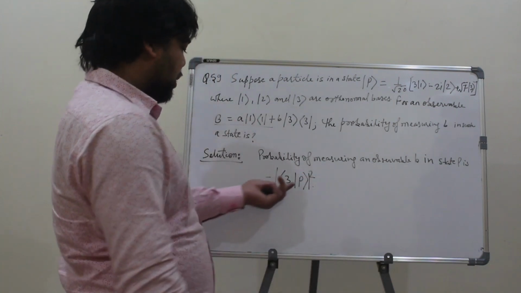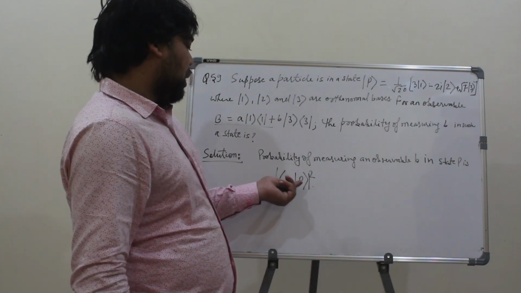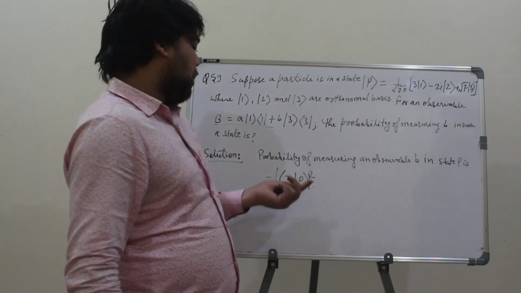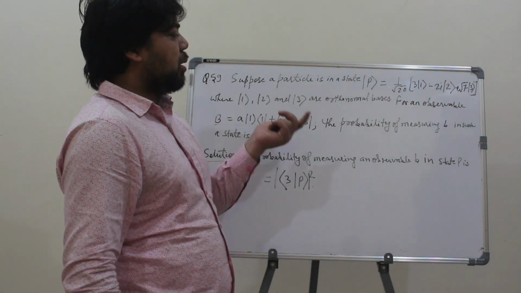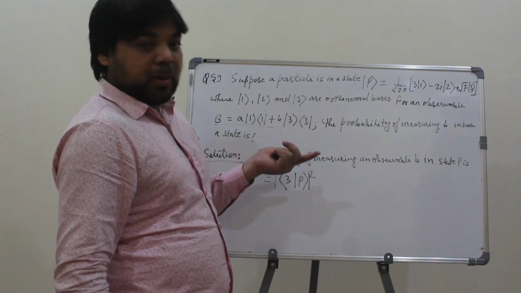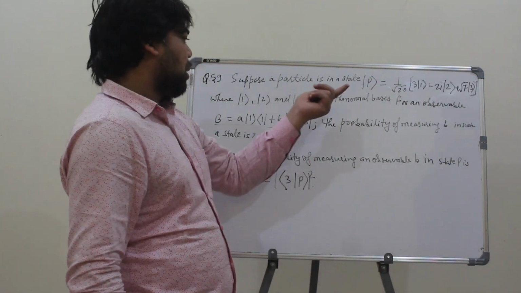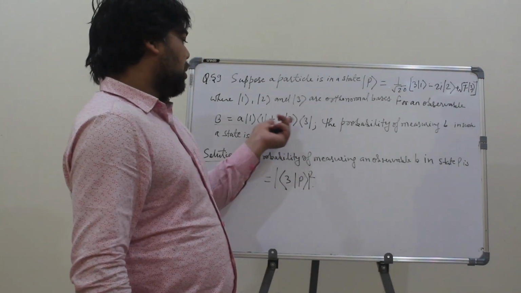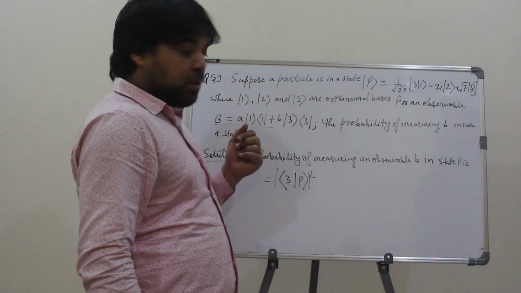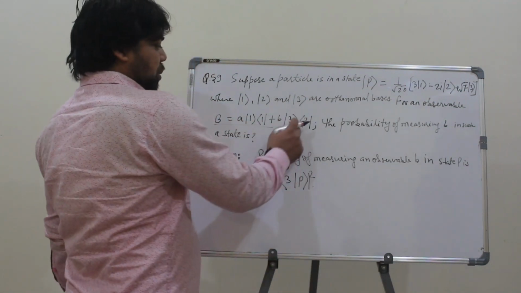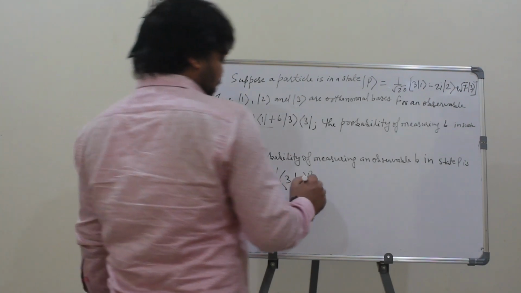You know that this is the inner product, and whatever inner product you get, you simply square it, which is basically nothing but the amplitude of that wave function, right? And this observable belongs to state 3, so it will be simply the inner product of 3 with psi.